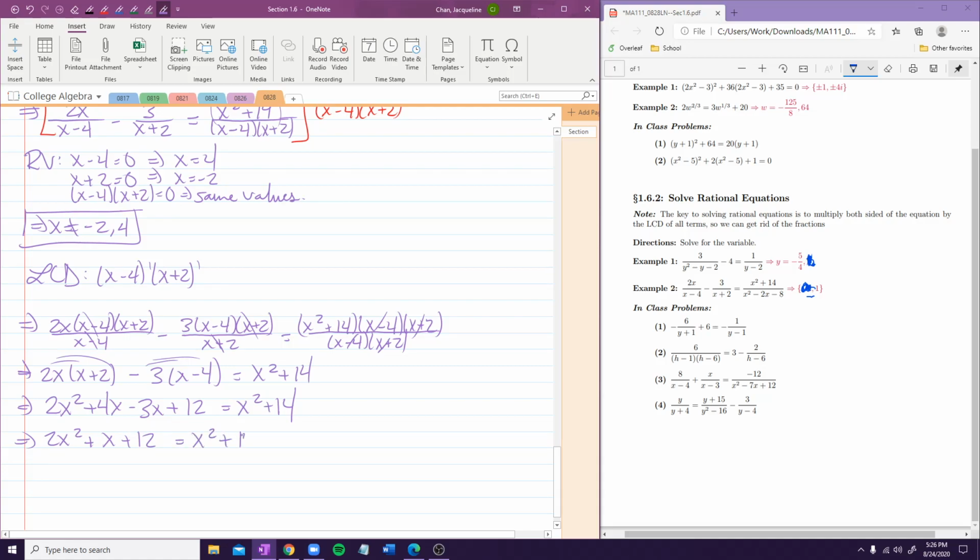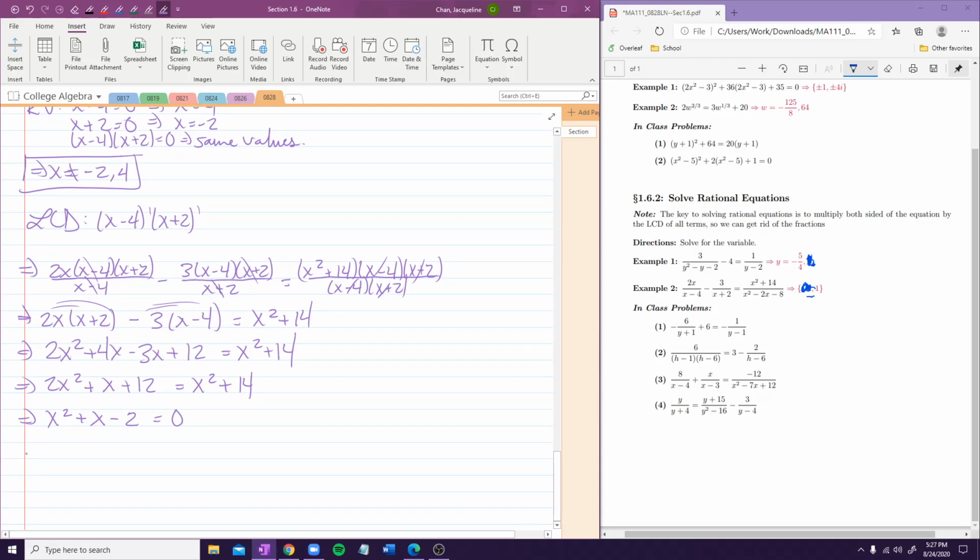I combined the 4x and the 3x, and it became just 1x. So if I subtract x from both sides, I'm left with x squared. There's no x to move over, so that stays the same. And if I subtract 14 from both sides, I'm left with negative 2. And so when we factor this, again, what are two numbers that multiply to be negative 2 and add to be positive 1?